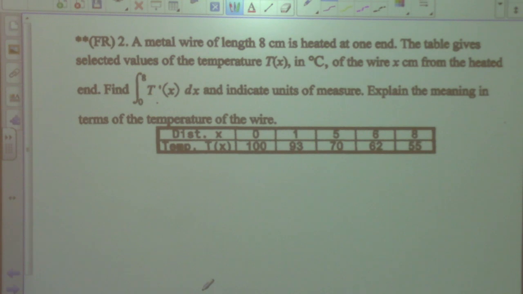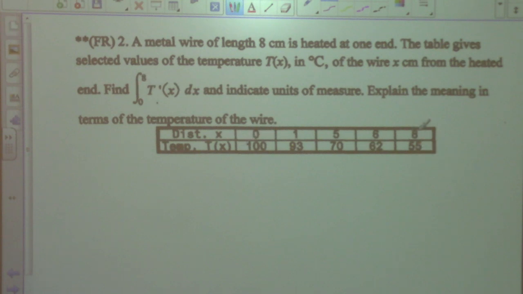So your amount is what? T prime, that's your rate. And what is the amount? What is the temperature itself going to be? It's going to be T. And so what is your answer from 0 to 8? 55 minus 1.